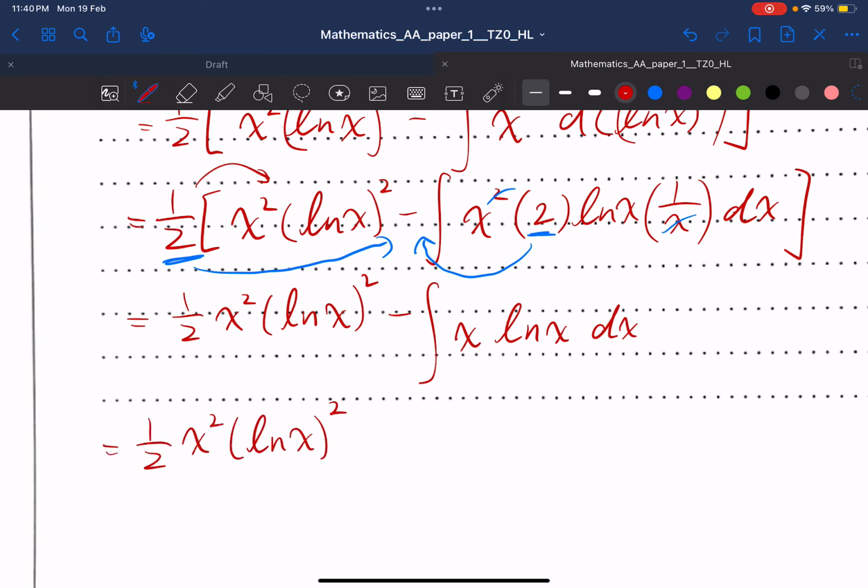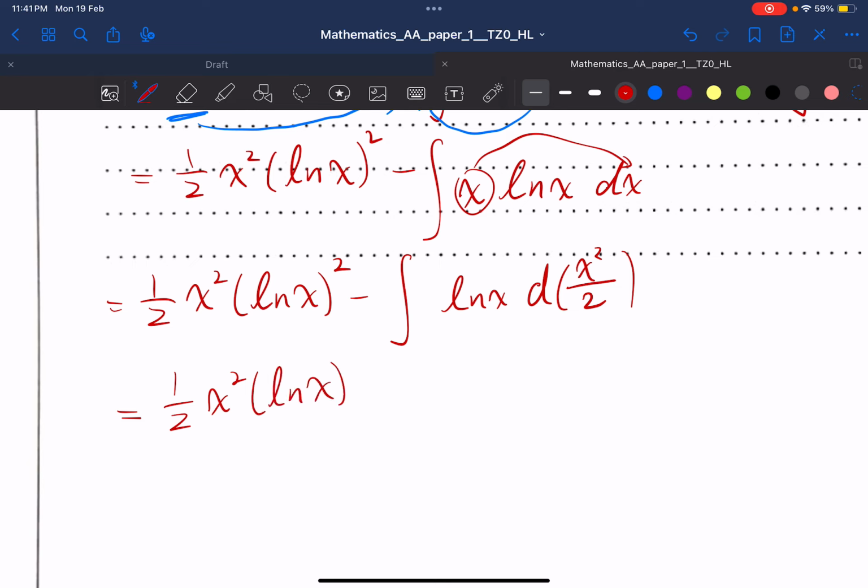Again, this is integration by parts. Again, put the x inside by integrating x. So we have ln x d of x squared over 2. Then we use the formula again. Here I'll do one more step to make my working a little bit cleaner. Again, multiplier, move it to the front.